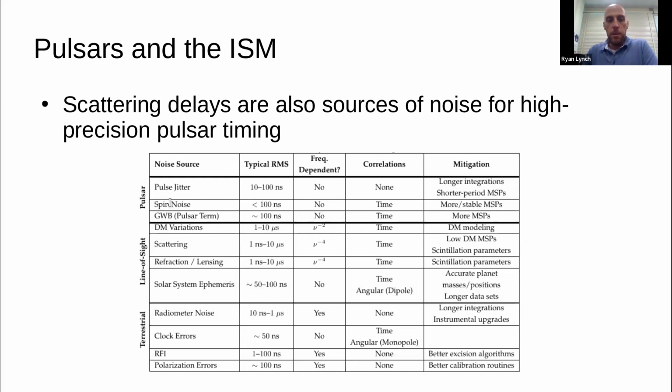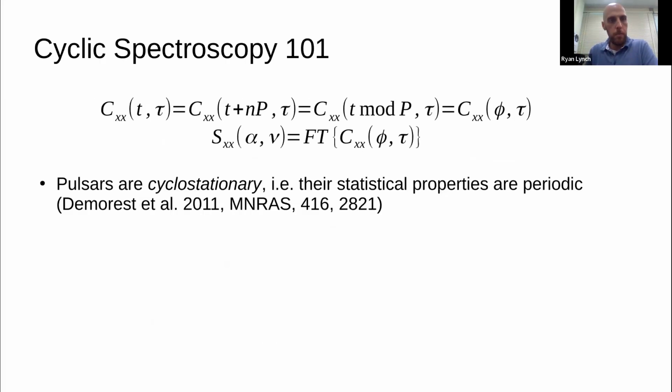And perhaps even using this, be able to time a larger sample of pulsars that you normally would maybe not consider as good clocks because of these types of noise terms. So cyclic spectroscopy can help us both do science and overcome some of these drawbacks of the effects of the interstellar medium. So let's talk a little bit more about what this actually involves.